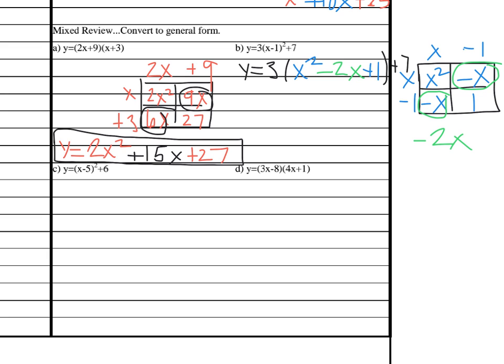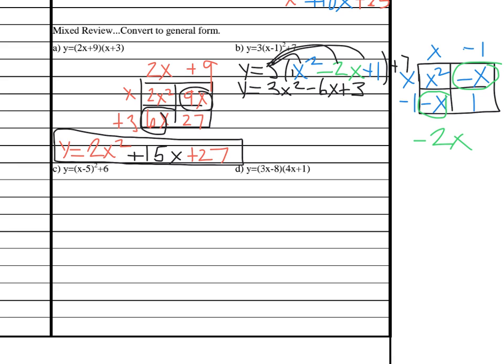Next, we would need to distribute with our swoopy lines. So y equals 3 times x squared. It's really like 3 times 1, which is 3, and then the x squared. And then 3 times negative 2 would be negative 6 with the x. And then 3 times 1 is 3.